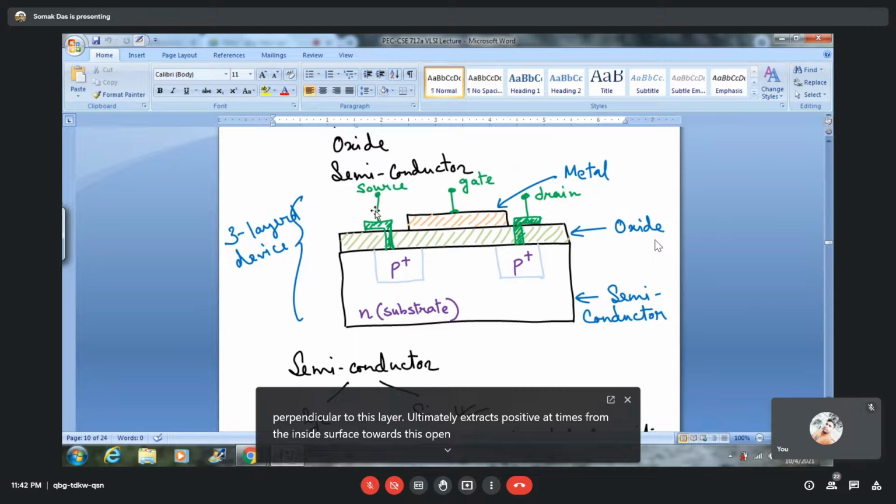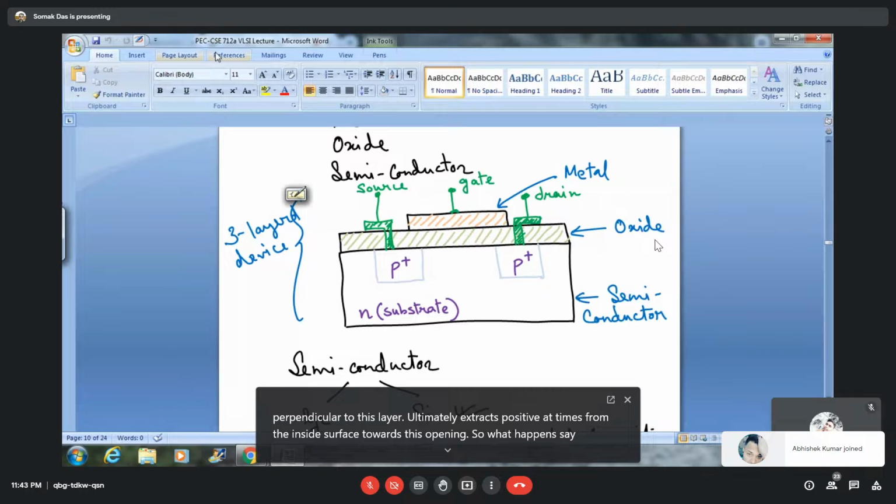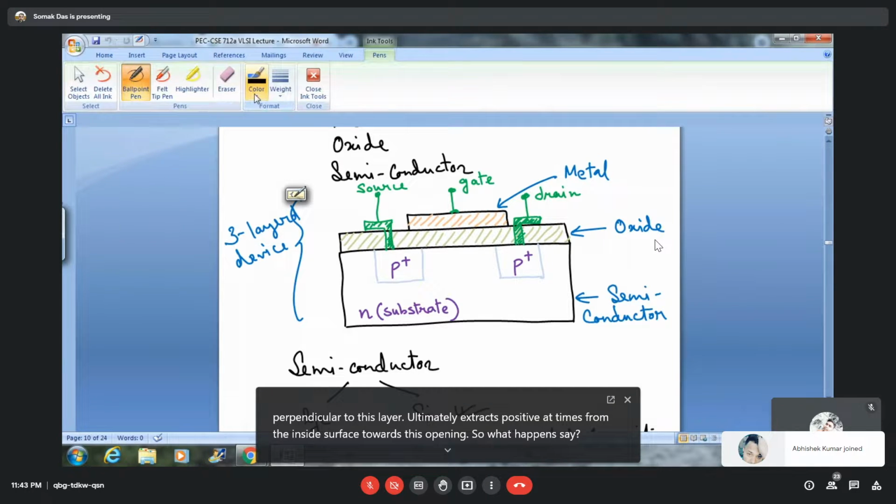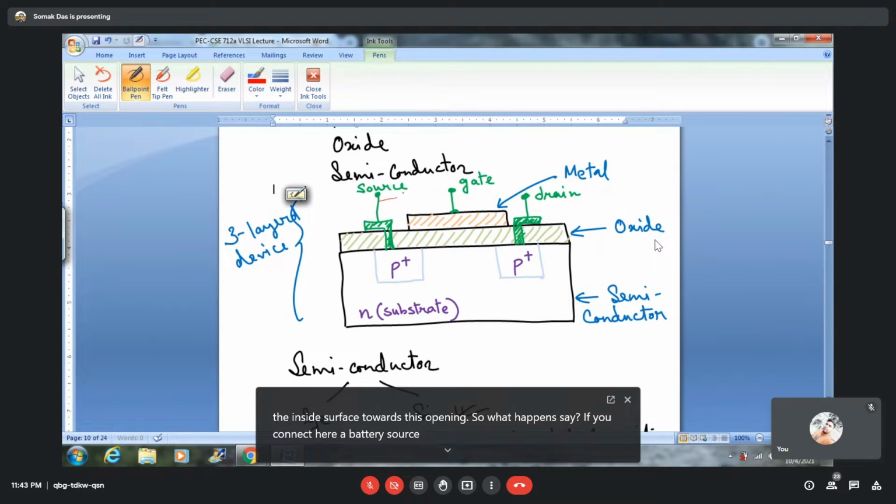So what happens? If you connect here a battery source, here it is positive and negative electrode. With respect to the gate and source, this is positive electrode, negative electrode. It will create an electric field perpendicular.